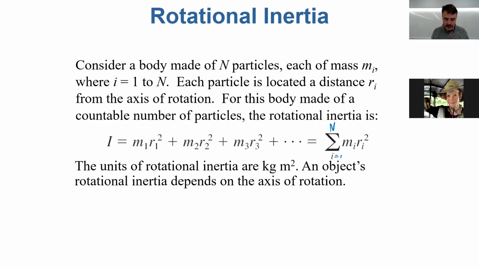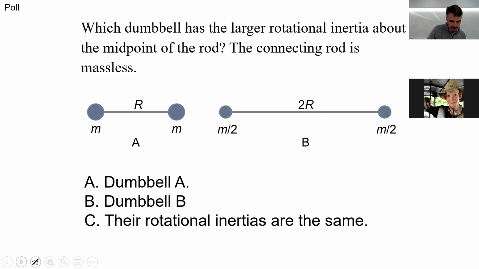And so in order to define the rotational inertia, you have to first specify or figure out what the axis of rotation is. So let's do a little example here, a poll. Which of these two dumbbells has the larger rotational inertia about the midpoint of the rod? So the rotation axis is the midpoint. I can draw.